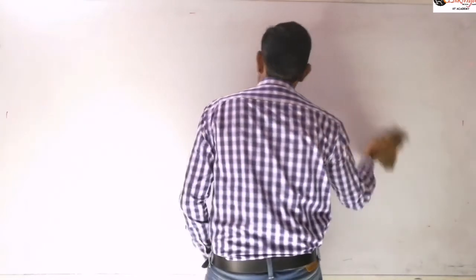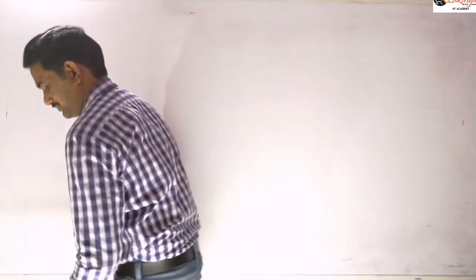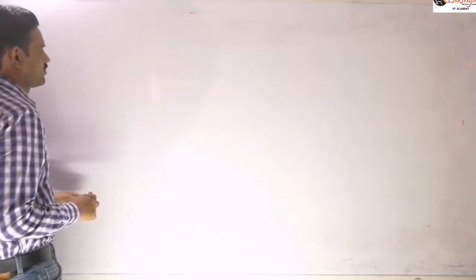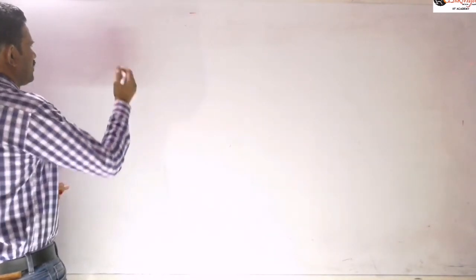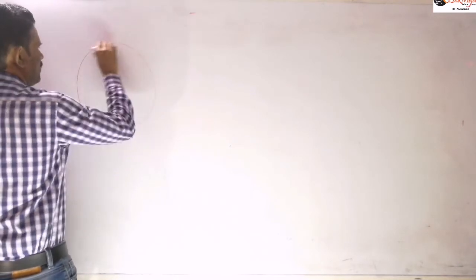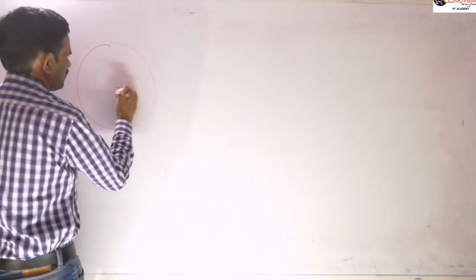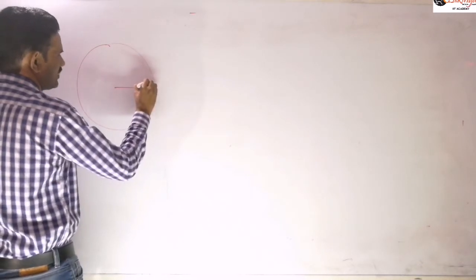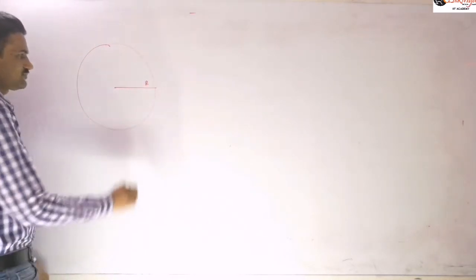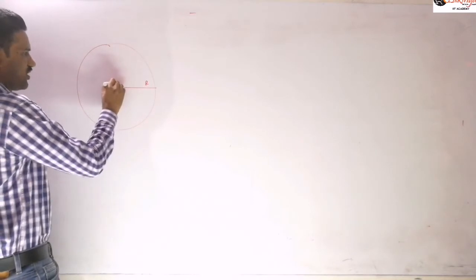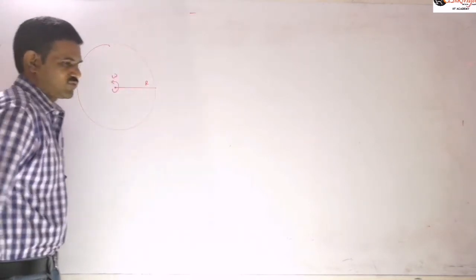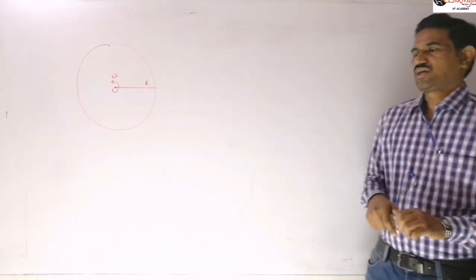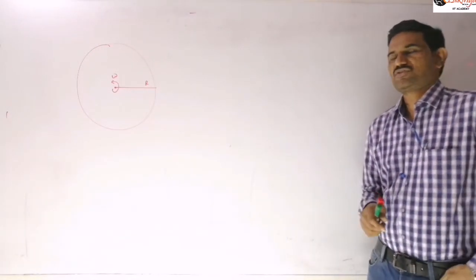And now let us see another problem here, right? So I am taking another problem. Just write that a disk of radius capital R is revolving about its own axis with angular velocity omega.